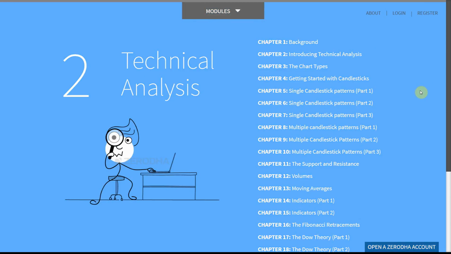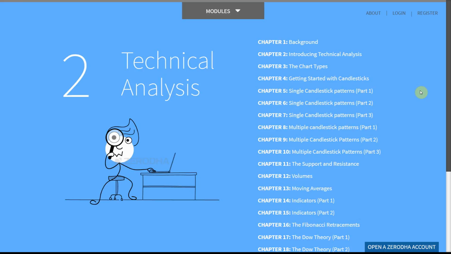Technical Analysis. Chapter 1, Background. Chapter 2, Introducing Technical Analysis. Chapter 3, The Chart Types. Chapter 4, Getting Started with Candlesticks. Chapter 5, Single Candlestick Patterns Part 1. Chapter 6, Single Candlestick Patterns Part 2. Chapter 7, Single Candlestick Patterns Part 3. Chapter 8, Multiple Candlestick Patterns Part 1. Chapter 9, Multiple Candlestick Patterns Part 2. Chapter 10, Multiple Candlestick Patterns Part 3.